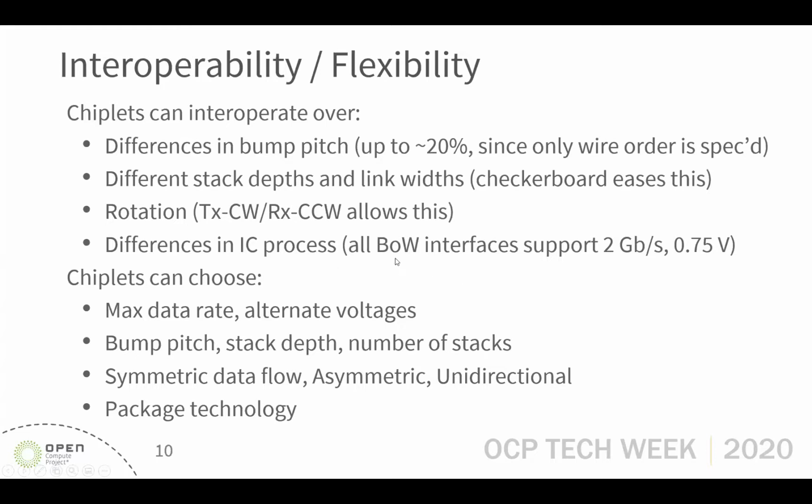This is eased partly by requiring that all Bow interfaces support 2 gigabit per second and 0.75 volts as the rail-to-rail swing. But then on the flexibility side, chiplets can choose what is the max data rate they're going to operate with, what alternate voltages they're going to support, the bump pitch, the stack depth, number of stacks, whether they're going to have symmetric configuration for data flow or asymmetric or unidirectional, or have individual slices be capable of going either way, and you can configure it at runtime.